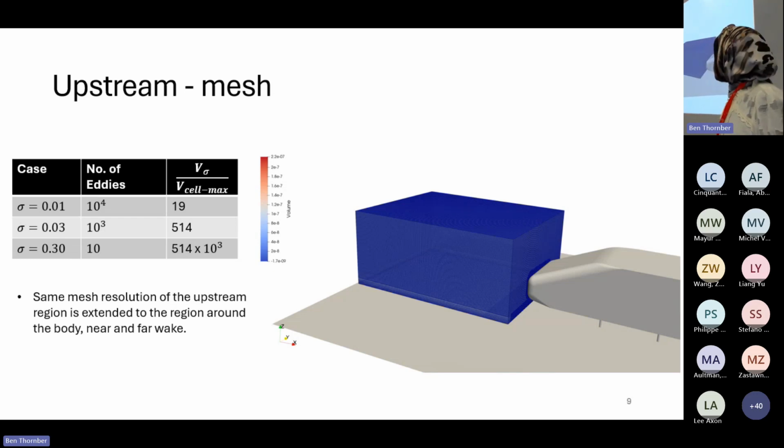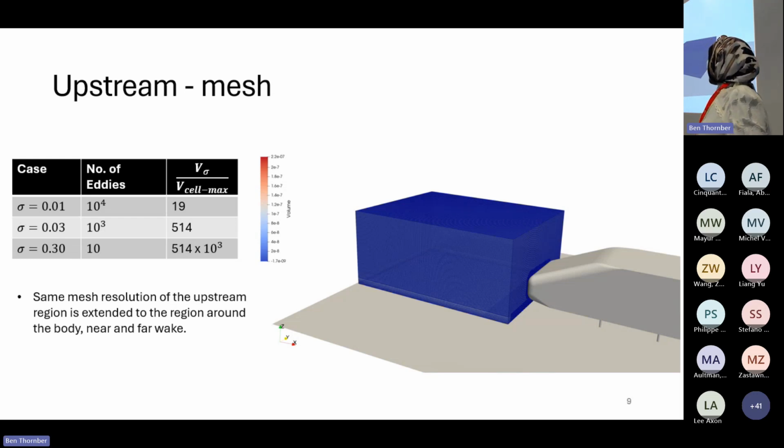When we look at sigma equal 0.01, the smallest turbulence intensity scale, we are using 19 cells per eddy. That's the volume ratio. And then that increases up to the third case of sigma equal 0.3, and that's all resolved with more than 500,000 cells. So that's why we got a larger mesh in this case, although we have a truncated geometry.